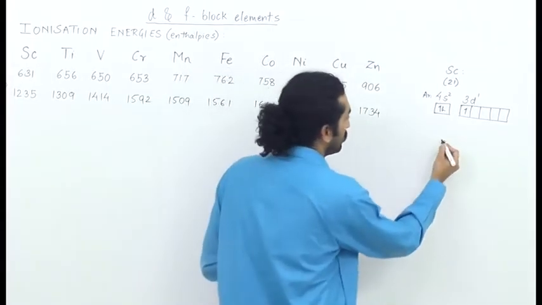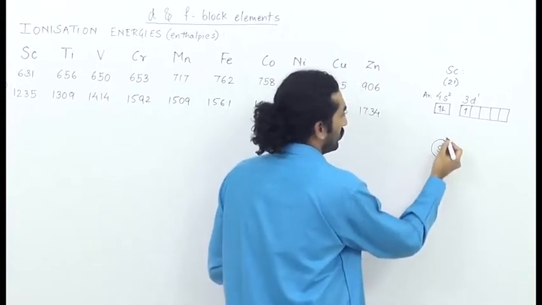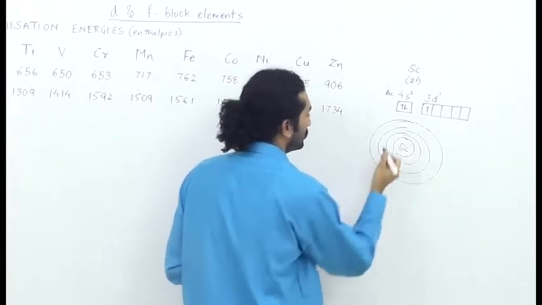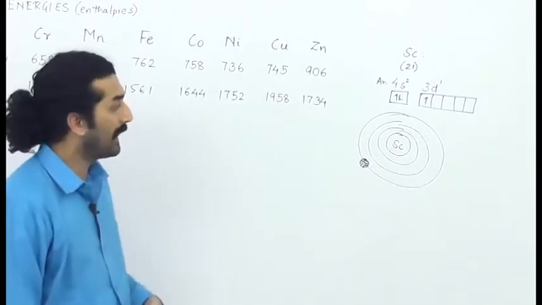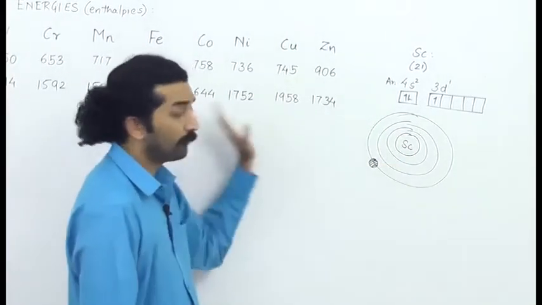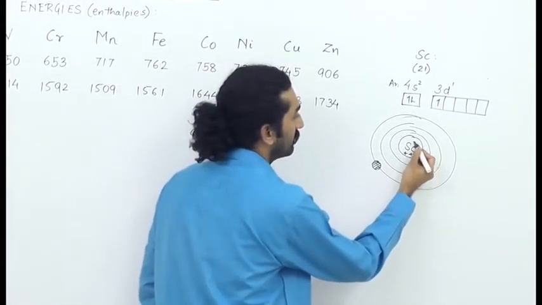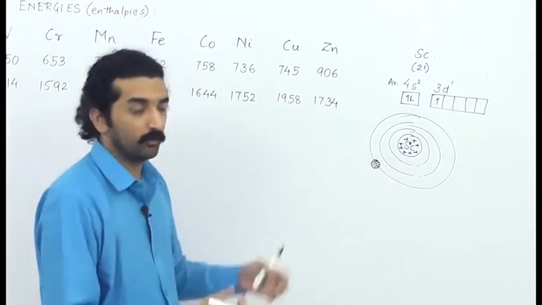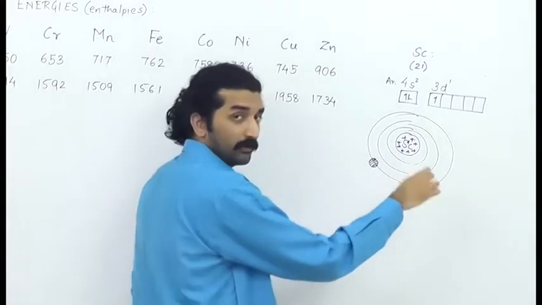So just to take an example, let's say this is the scandium nucleus, right? Then it has many orbits, and finally it has the orbit where there is the electron which is going to get eliminated. Now, as you go from left to right, the number of protons here also increases. I'm just giving you a rough schematic, not with proper numbers, but the number of protons and electrons both increase.